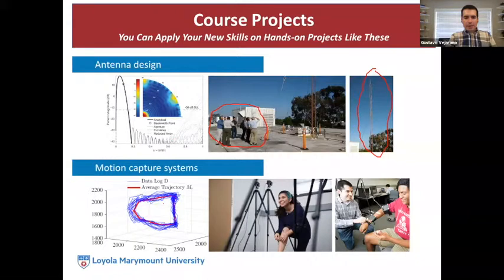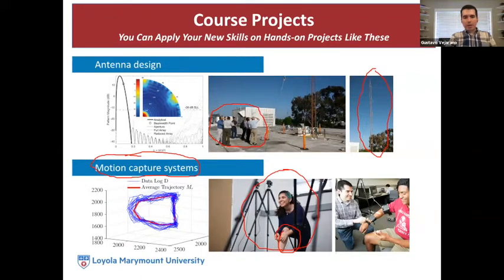And then here's another topic that we do, which is on motion capture systems. So basically, this is applied mainly for physical therapy. This project down here was in collaboration with the Department of Health and Human Sciences, and they were interested in tracking muscle activity of the legs, as well as the movement.